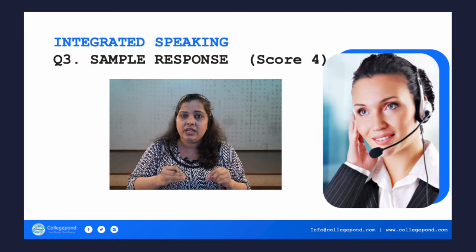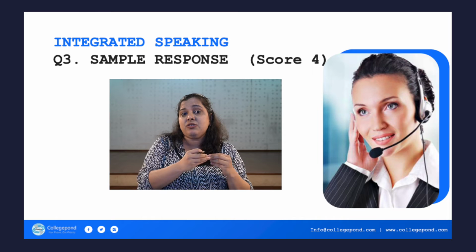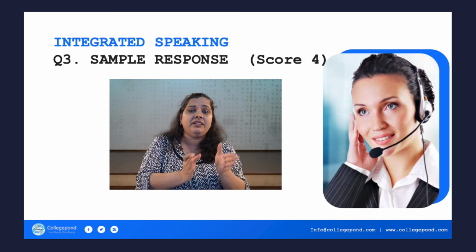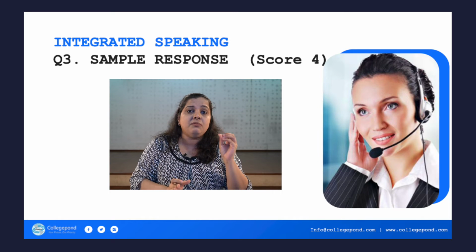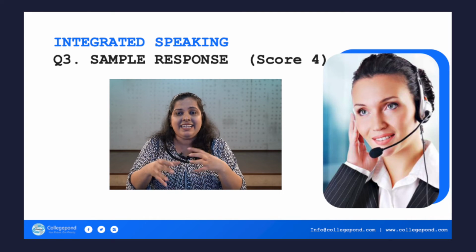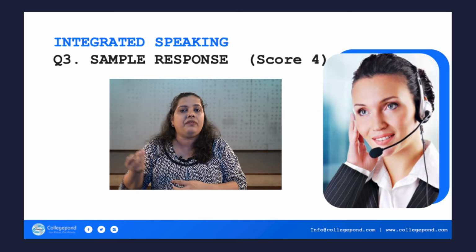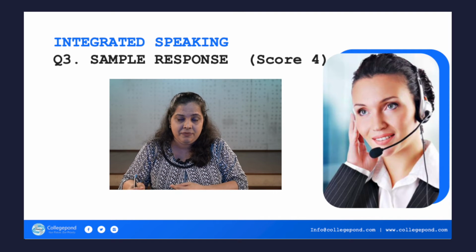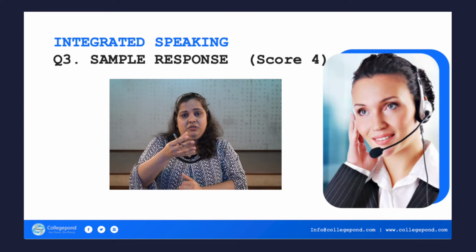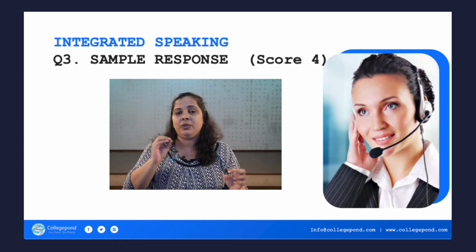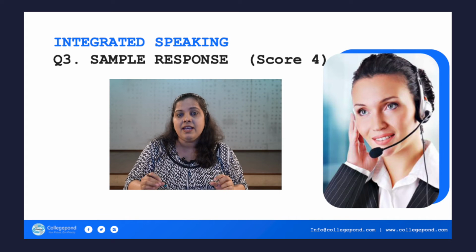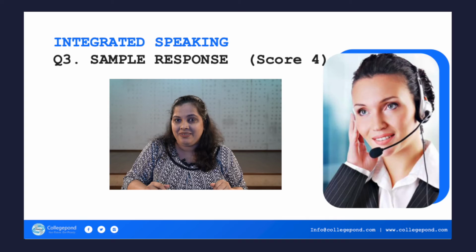The question prompt actually asks you to talk about how these two examples explain the professor's point of view. And she demonstrated her understanding. She not only demonstrated her understanding of these examples, but she also nicely tied it down to how it explains the professor's point of view as well towards the end, if you see. And very importantly, she finished well in time. Her pace of talking was natural. It sounded soothing. There was no rushing around for anything to finish. So that's why she got a score 4.